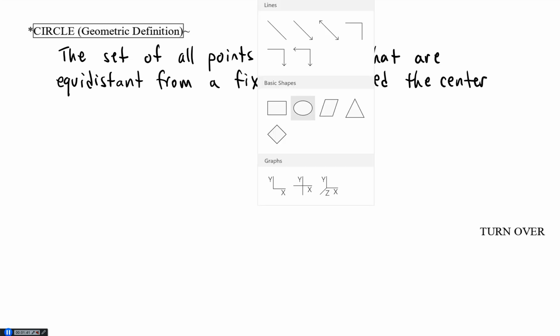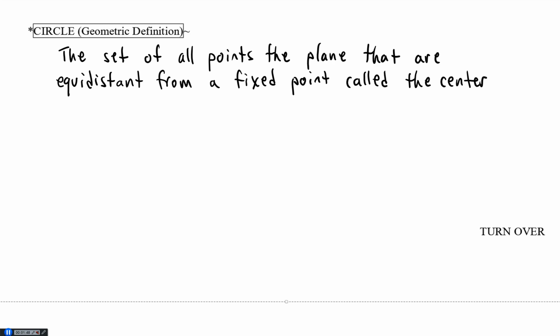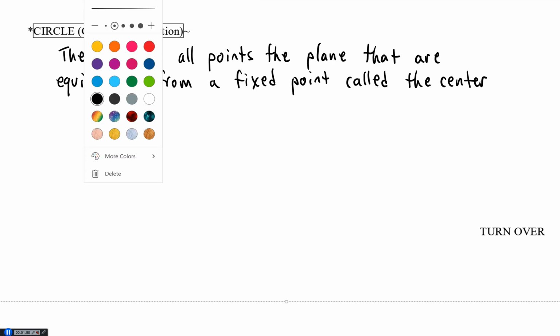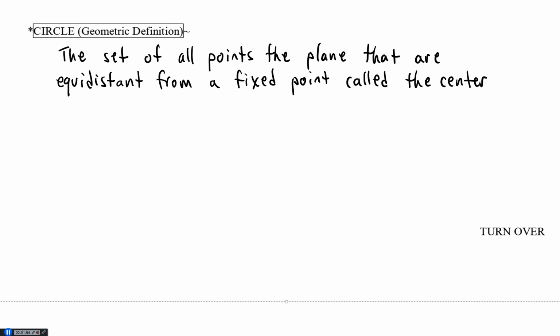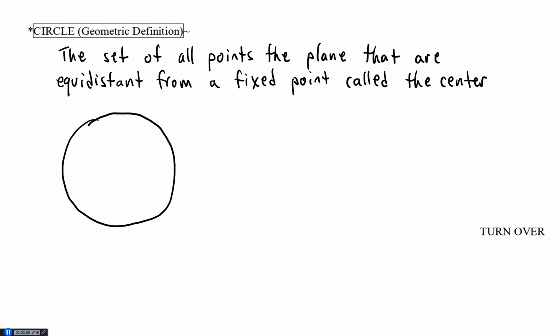So if you have a circle, the circle will have some fixed point called the center. Now the center is not part of the circle, but it's needed to create the circle.